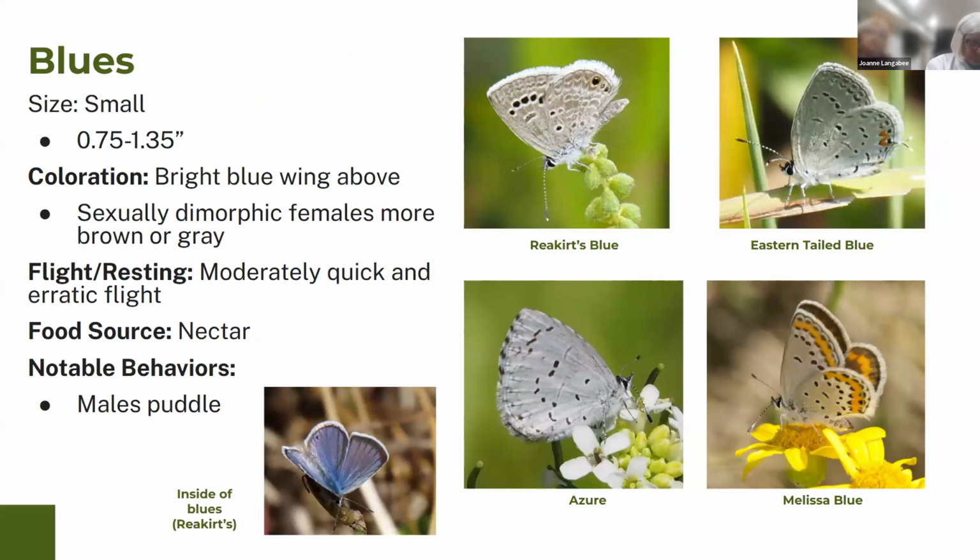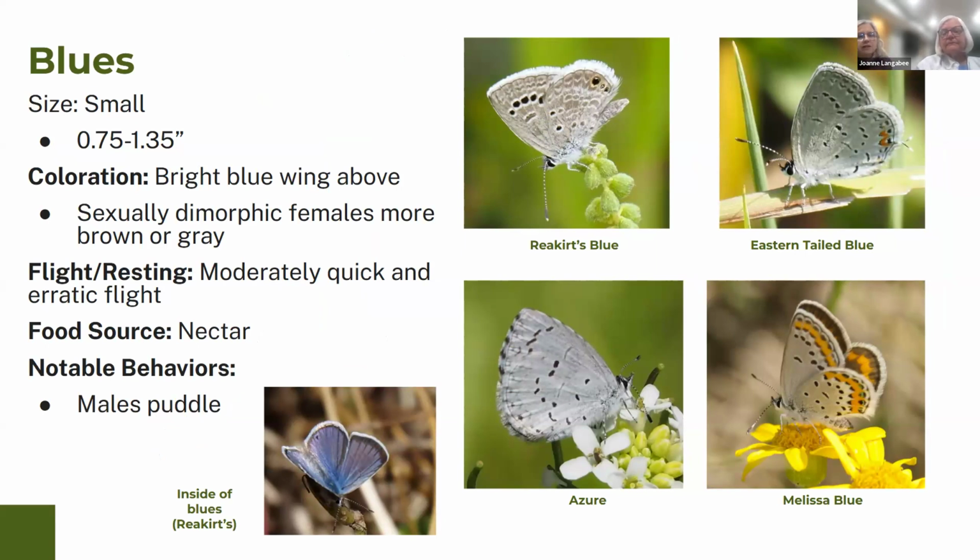The blues, their size is small, and they have on their dorsal side bright blue wings. Now they're different shades of blue, and the females inside are more of a brown blue or a gray blue, whereas the males are brightly colored blue.